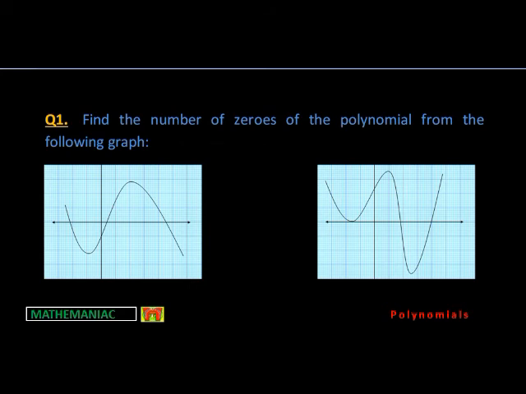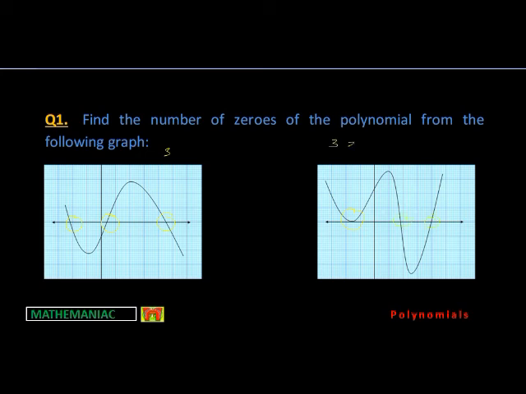You will be finding these questions in a book also. Find the number of zeros of the polynomial from the following graph. So it's very clear. This is 1, this is 2, and this is 3, the third zero. So here how many zeros? 3 zeros. How many here? 1, 2, 3.